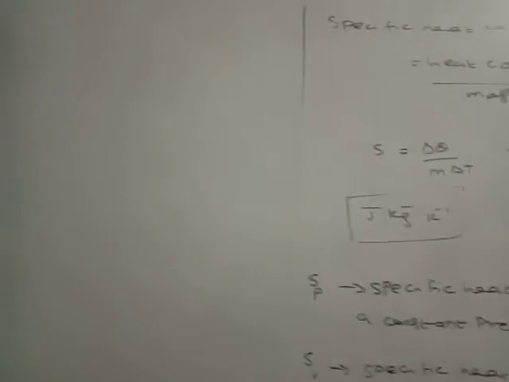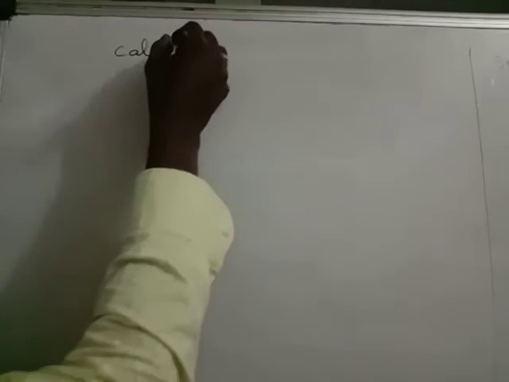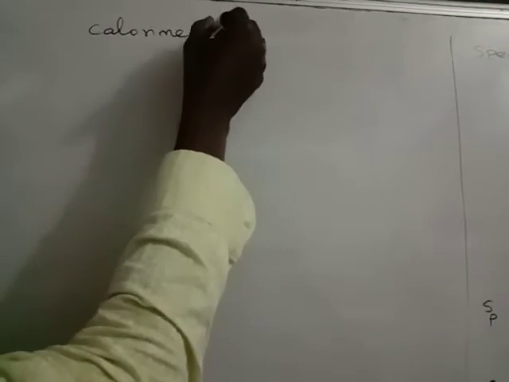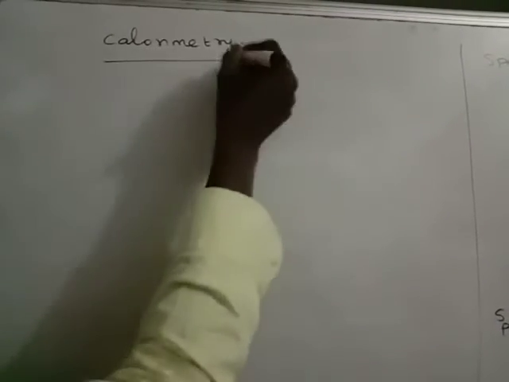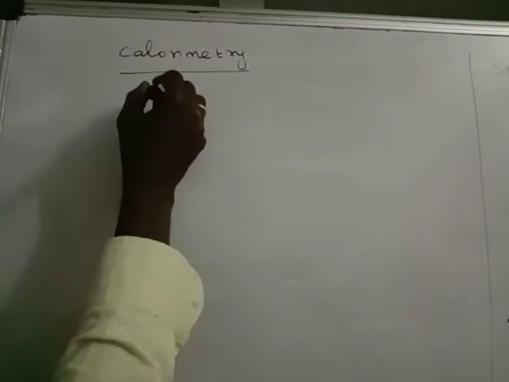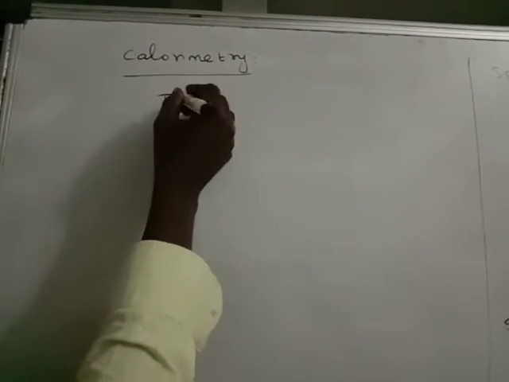Next one is calorimetry. A calorimeter is a small device to find the loss of heat.